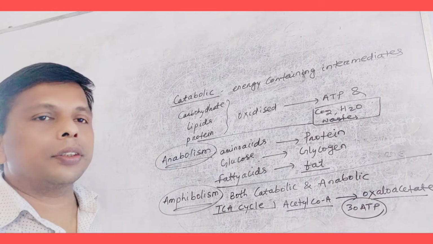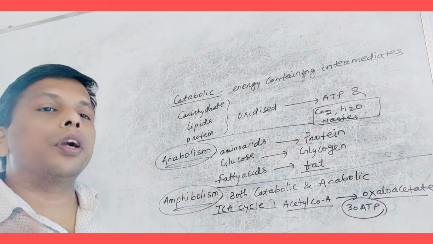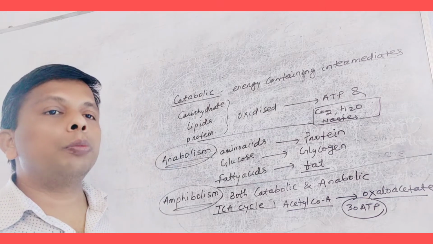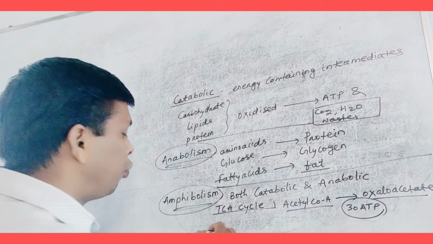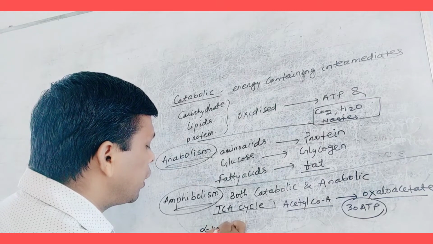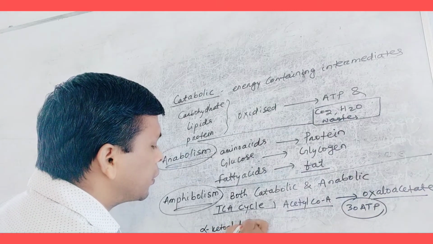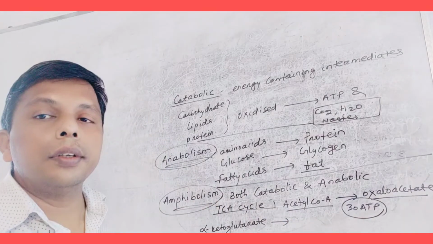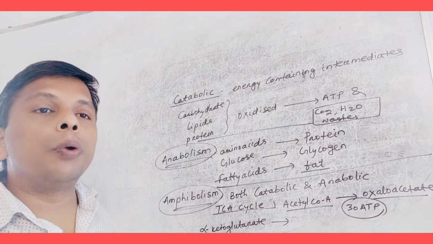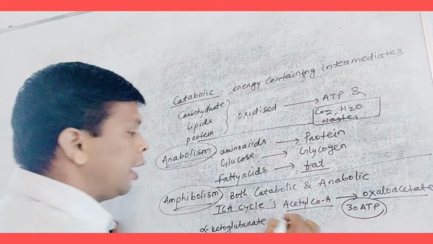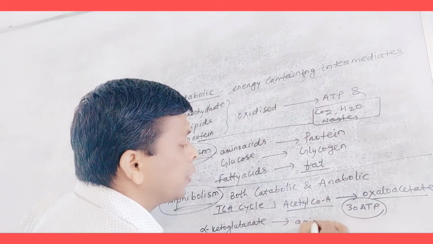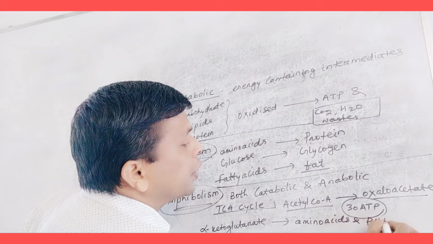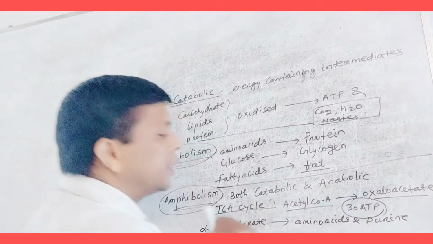Let's discuss. Some of the products during the pathway of the TCA cycle, suppose we take the example of alpha ketoglutarate. This alpha ketoglutarate gives rise to amino acids and purine bases.